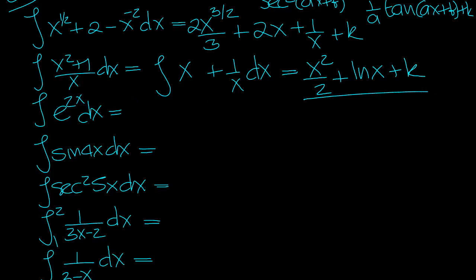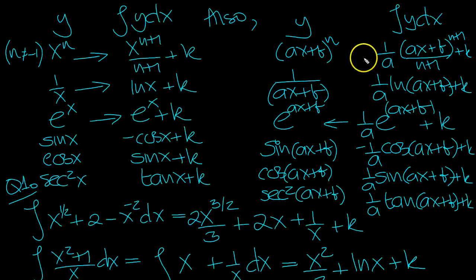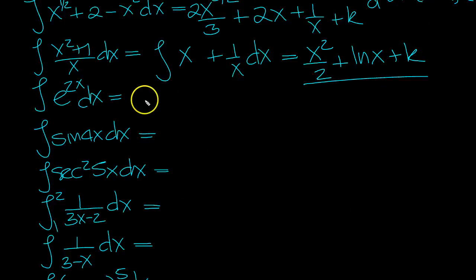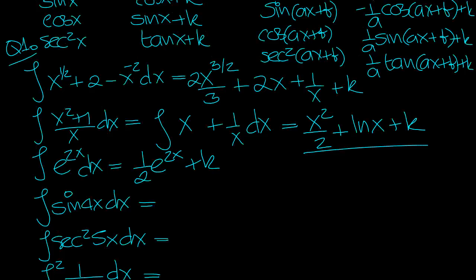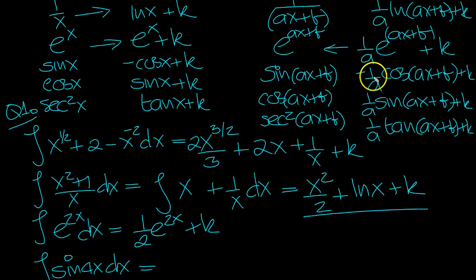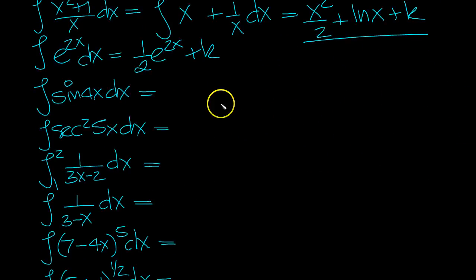Now the third one, e to the 2x, we need to use this side of the table, don't we? A is 1, a is 2, b is 0. So it's a half e to the 2x plus k, isn't it? Sine 4x, that would be here, and that'd be minus 1 over 4 cos of 4x plus 0.